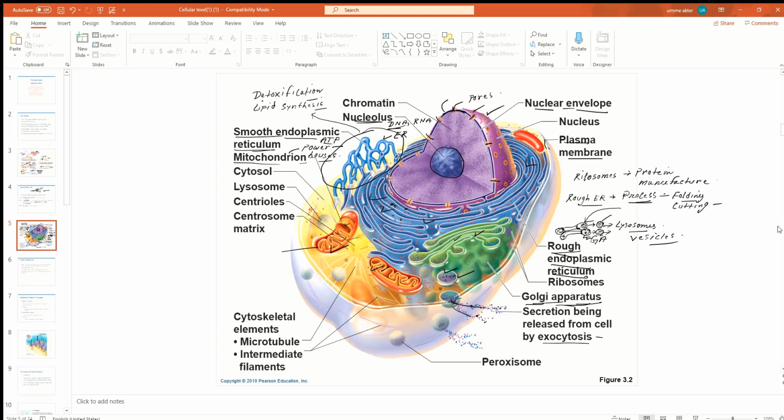Deoxyribonucleic acid, or DNA, and ribonucleic acid, RNA.